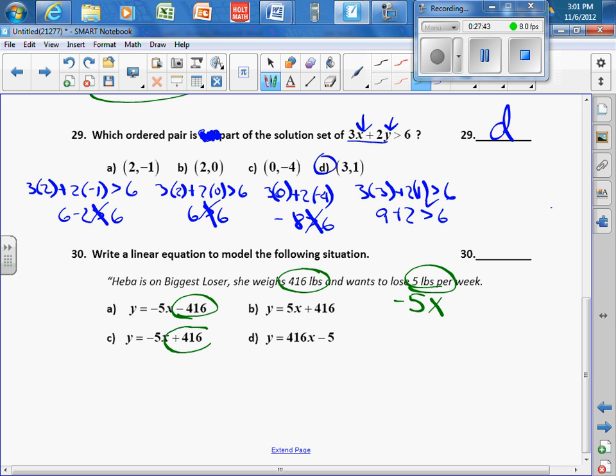We have a positive 416 pounds. We're not going to take 416 times x. That one's going to be out. This one's going to be out. So is it B or C? Well, we're going to lose 5 pounds, so 5 pounds per week. So the answer would be C.